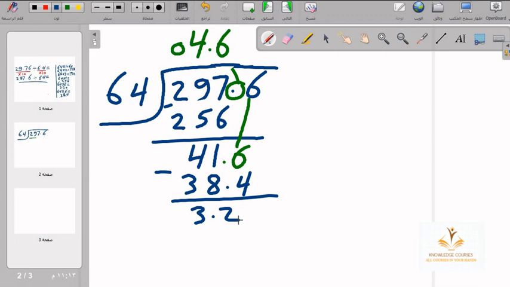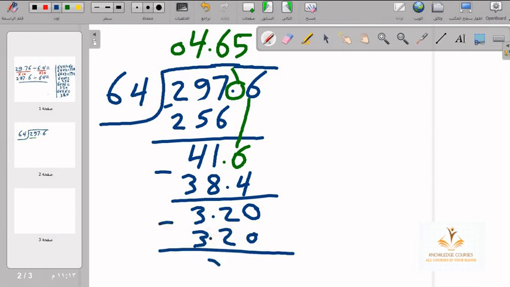We can put 0 to make this division. So 320 divide 64 is equal to 5. 5 multiply 64 is equal to 320.